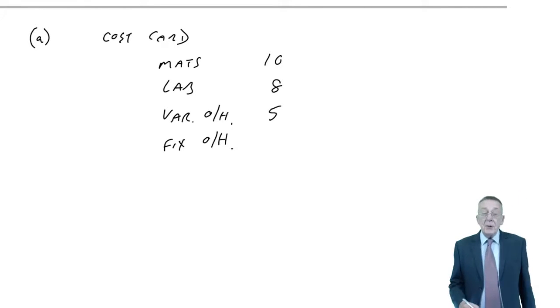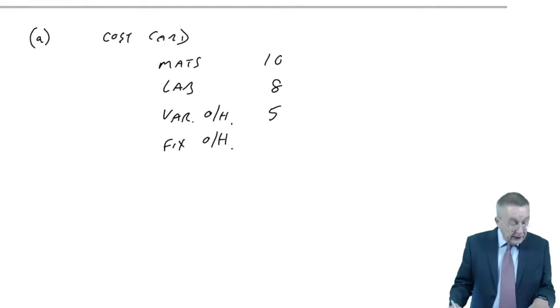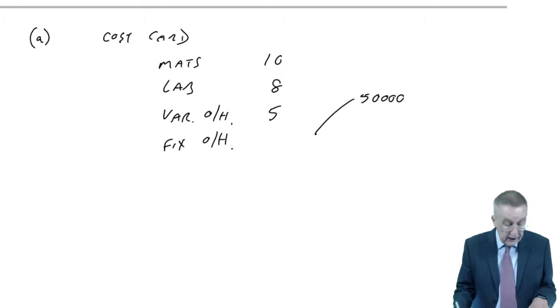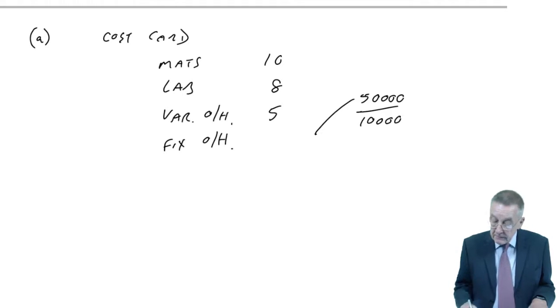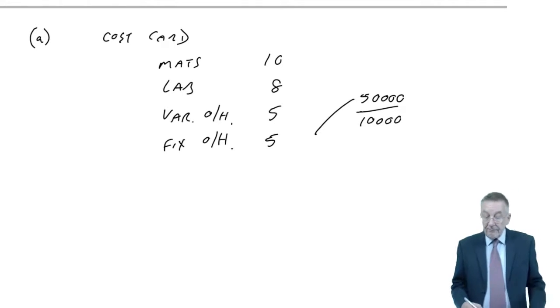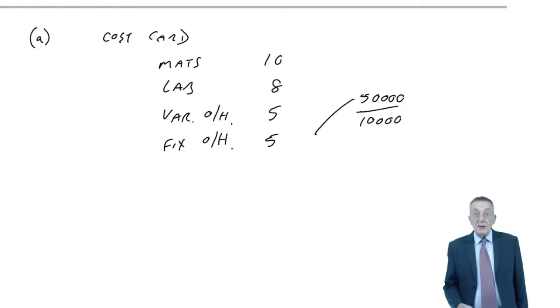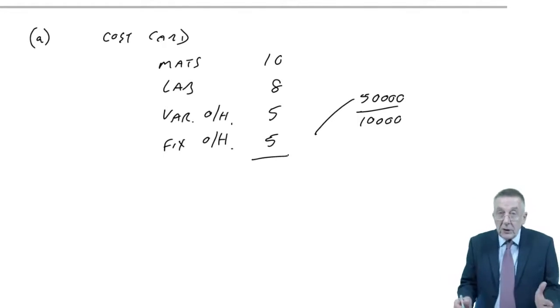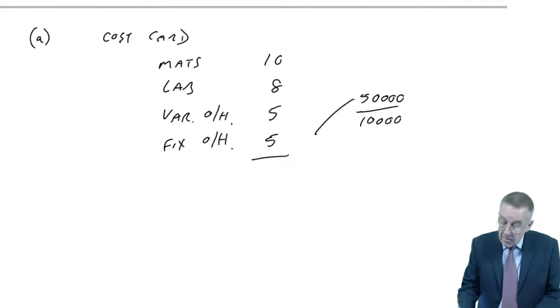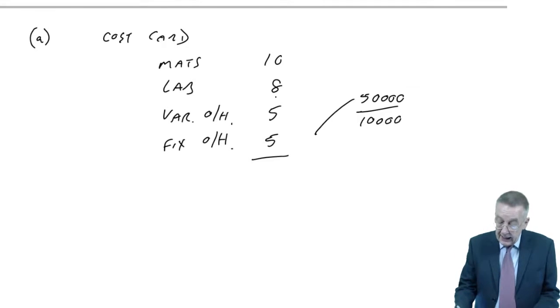And of course, we need to absorb them. To absorb them, we know that the fixed overheads are 50,000 for the year. The production is 10,000 units. And so it absorbs at $5 a unit. So the total, the full cost, the absorption cost is $28 per unit.